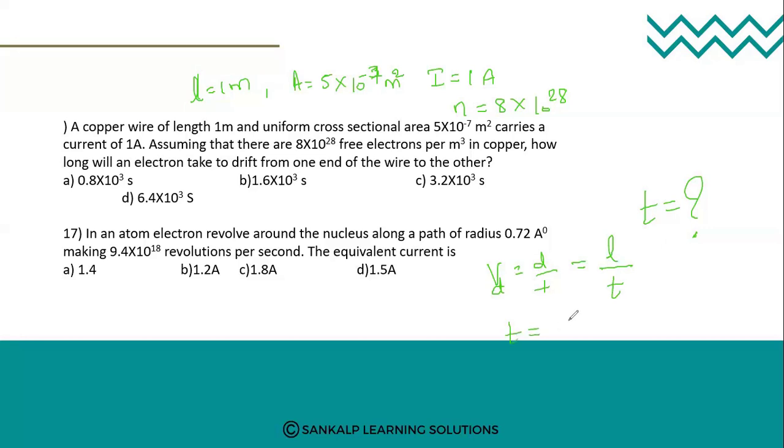Therefore, time is equal to length upon drift velocity. But the drift velocity value is not given. But we know from the current and drift velocity relation, I is equal to nEAVd. Therefore, Vd is equal to I divided by nEA. So time is equal to L divided by Vd.